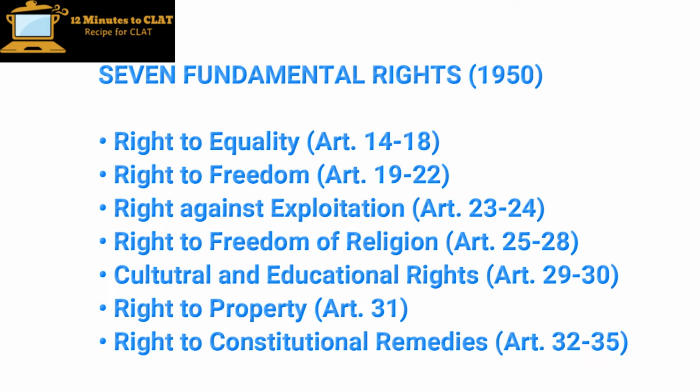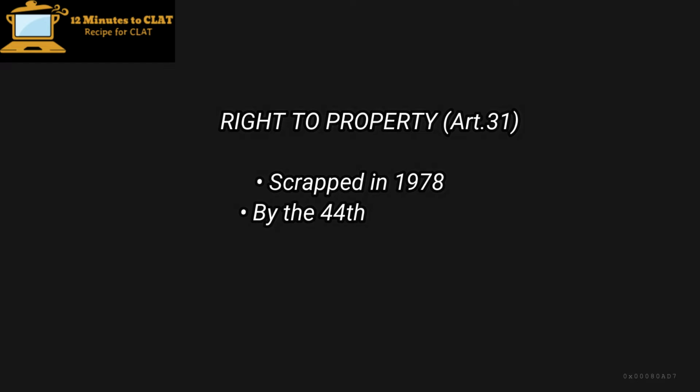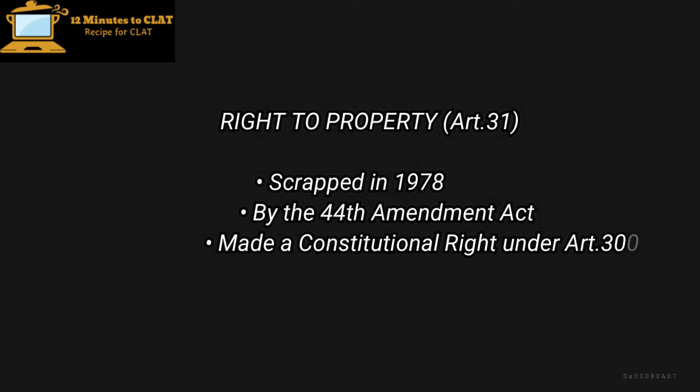However, in 1978, the right to property, which was mentioned in Article 31 of the Constitution, was scrapped from the fundamental rights list, and it was made a constitutional right under Article 300A of the Constitution of India.